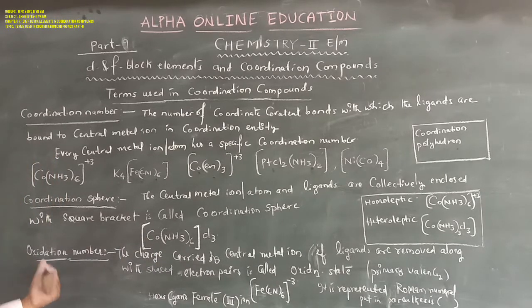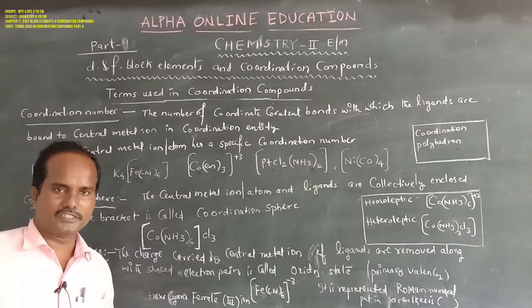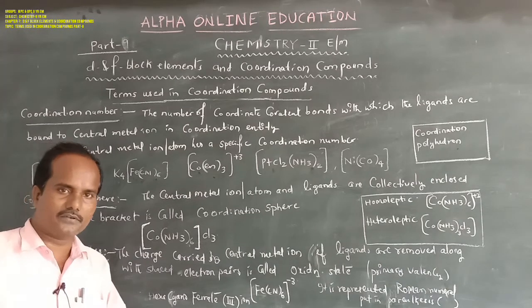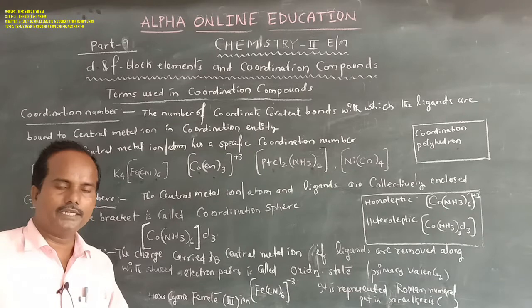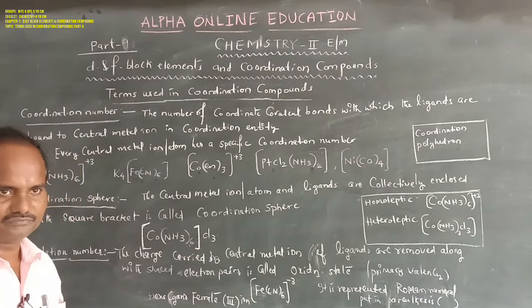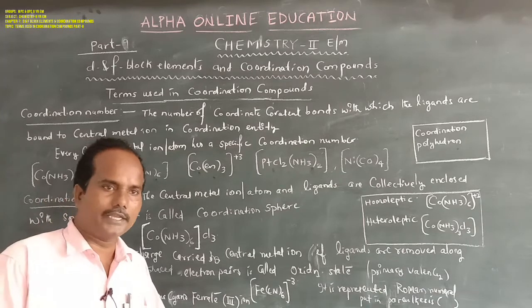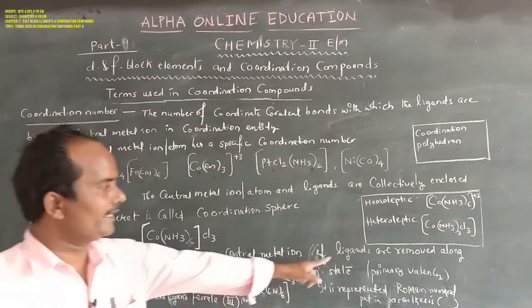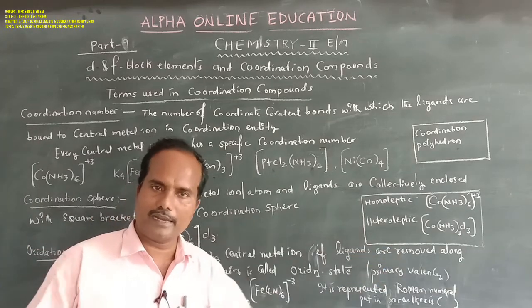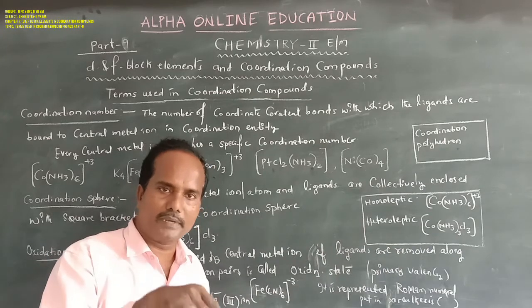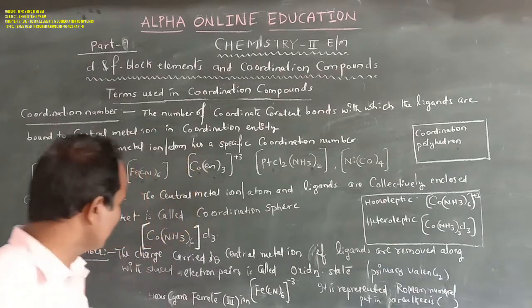Then let's see the oxidation number. What is meant by oxidation number? It is the oxidation state of the central metal ion. It is the charge carried by the central metal ion if the ligands are removed along with the electron pairs shared.